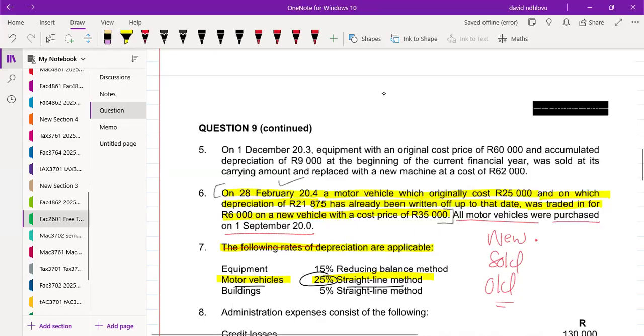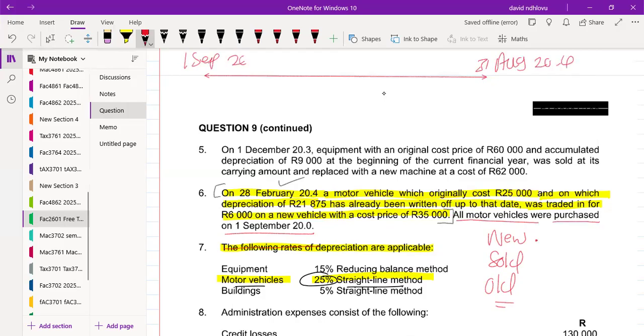Sometimes you can do a timeline here and say 31 August of the year 2024. The year starts on 1 September of the year 2023. Then you say 1 September, which is bang in the middle of the year, 28 February of the year 2024.